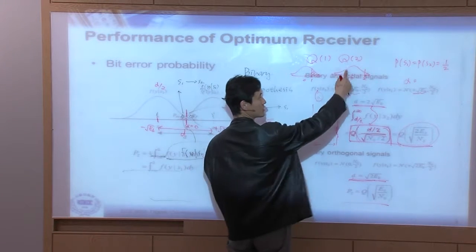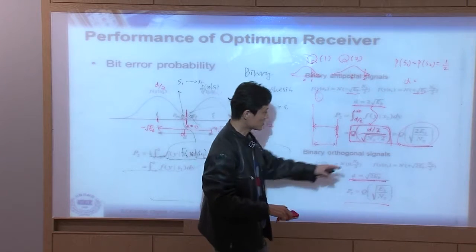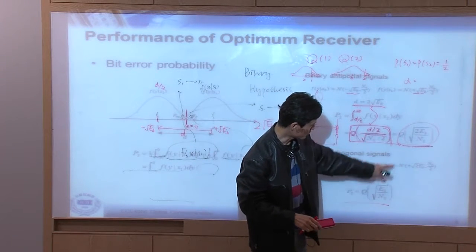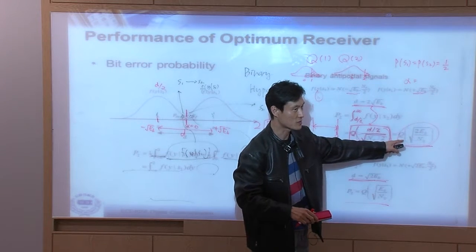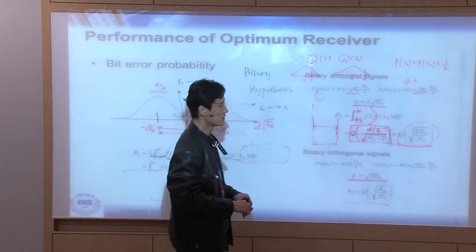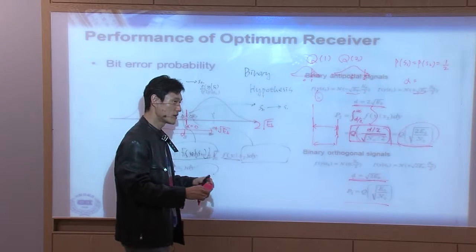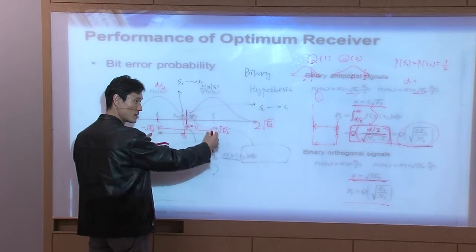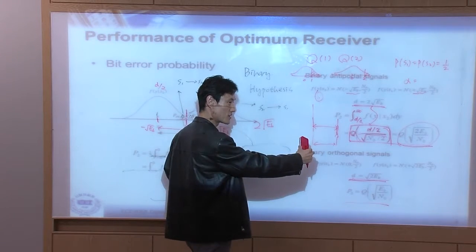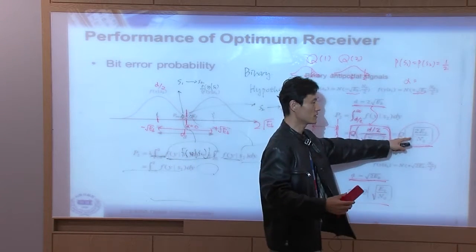Why is that? Because, as I said, D is larger in this case, right? So the error probability is smaller.